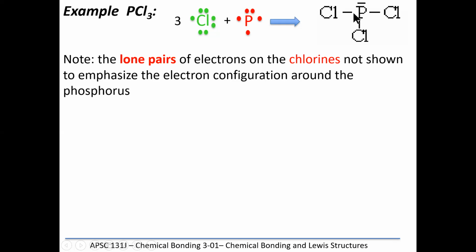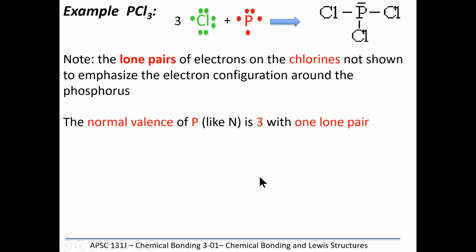So we can see that phosphorus, in this case, forms 3 stable bonds, and we have a pair of electrons, again, that's not bonded. So 3 pairs of bonding electrons, 1 pair of non-bonding electrons. So the normal valence of phosphorus is 3 because of that 1 pair of electrons.